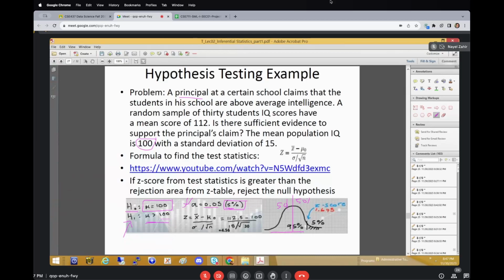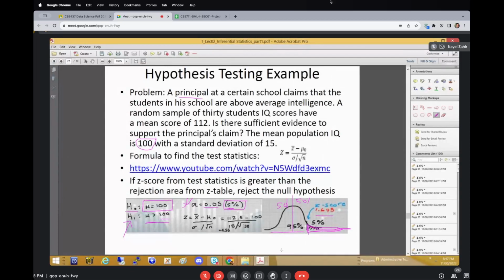This is our 95%, and the rest, 5%, is the rejection zone. Now we have to find our Z score.